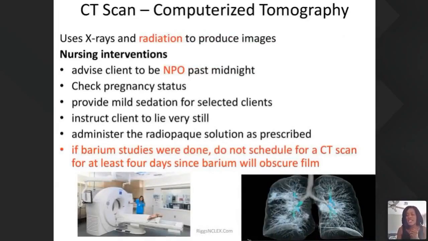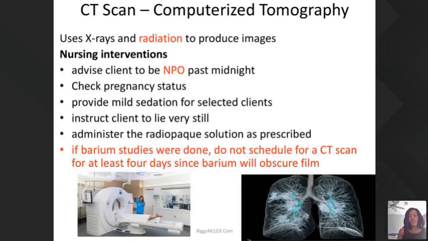All right, next diagnostic test, CT scans, computerized tomographies. So they use x-rays and they use radiation to make that image. So you know what to do the moment you know radiation. I want to make sure you're not pregnant and all of that, right? So they should be NPO just like before, nothing changed. You're checking for pregnancy, nothing changed, okay? Tell the client to stay still for this type of exam.